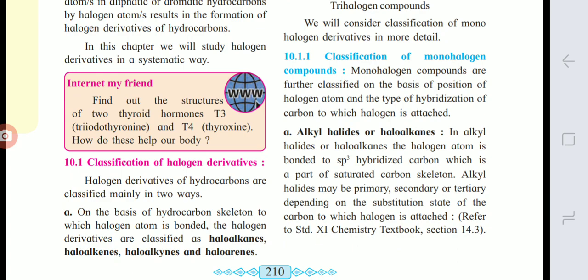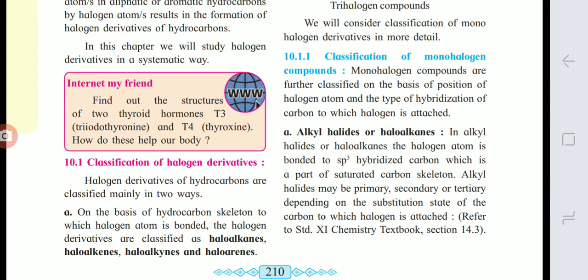Now let us classify the halogen derivative. If your parent compound is alkanes, the class is called haloalkanes. If your parent compound is alkene, meaning there is a double bond in your compound, then haloalkenes. And if there is a triple bond in your compound along with halogen, then it is haloalkynes.